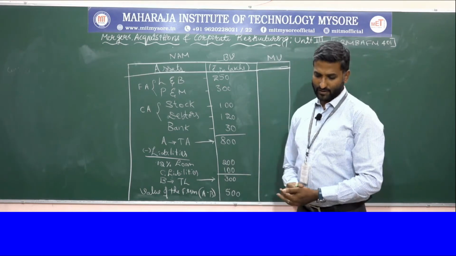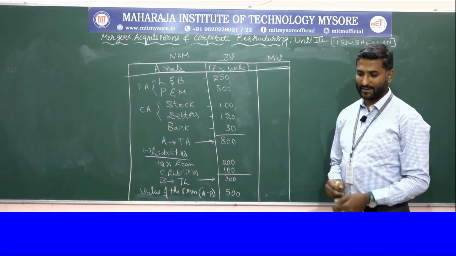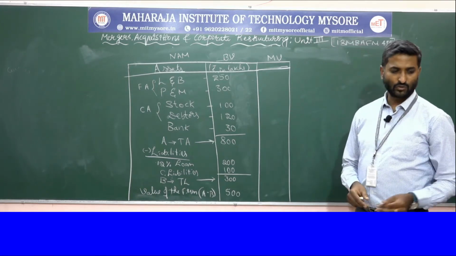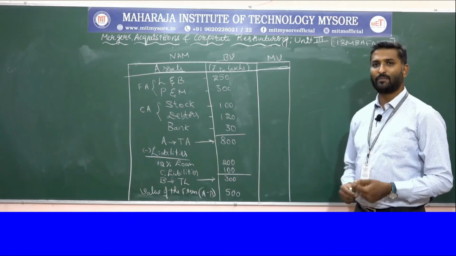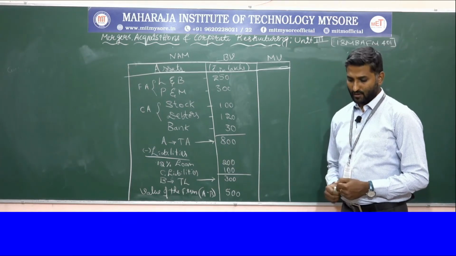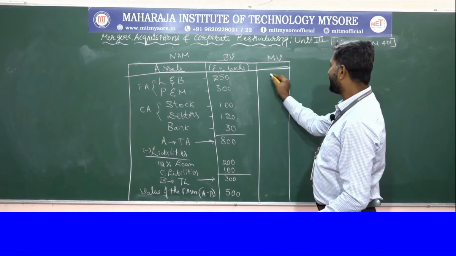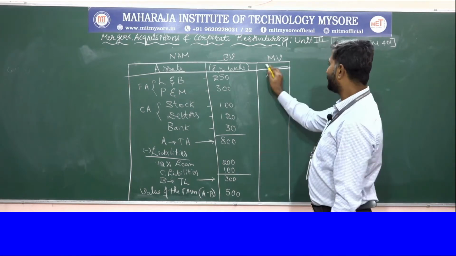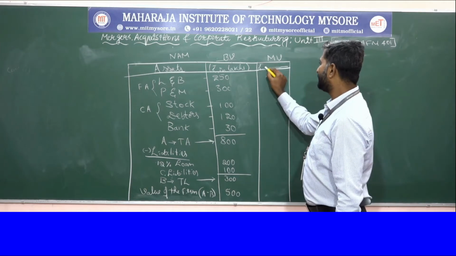With respect to this, they gave certain market information for the market value calculation. The land and building they gave is 400 lakhs. Here also, take it as rupees in lakhs.